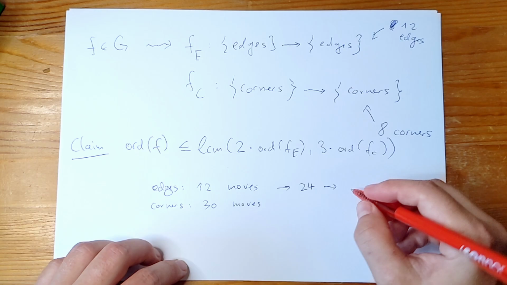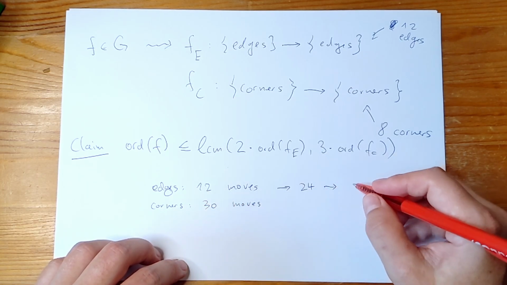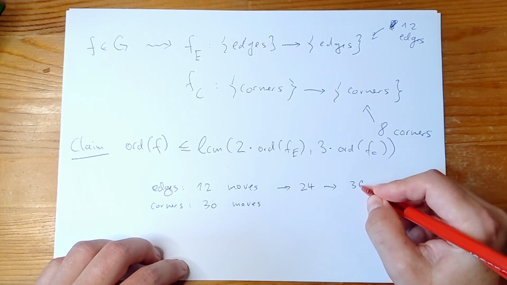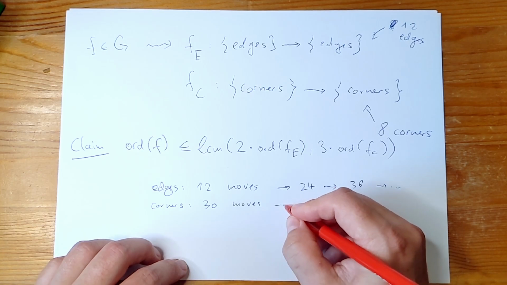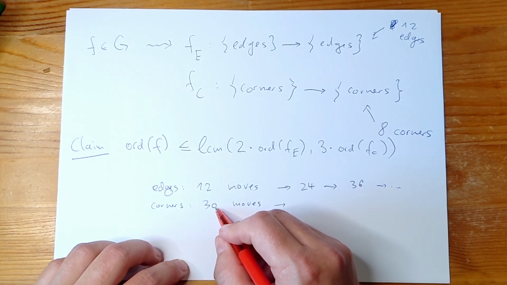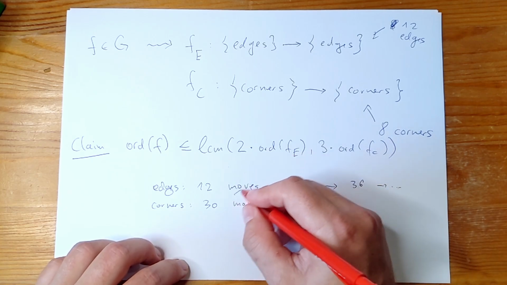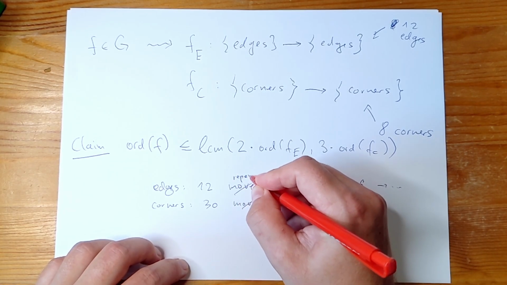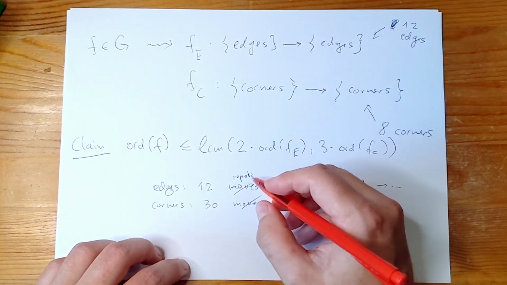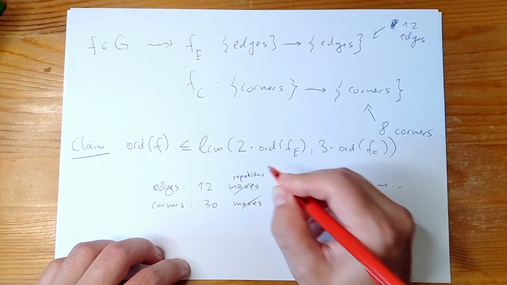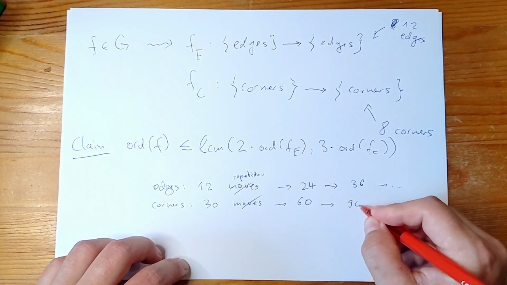Then again, so it's always a multiple of 12, right? And also here, the corners are also solved after 60 moves or repetitions. Actually, I mean repetitions of the same permutation here. And then also after 90.